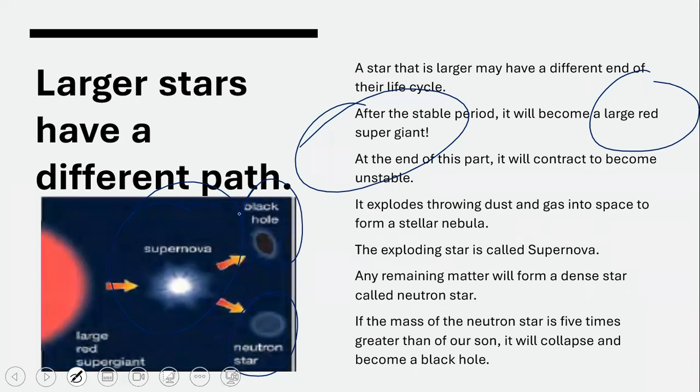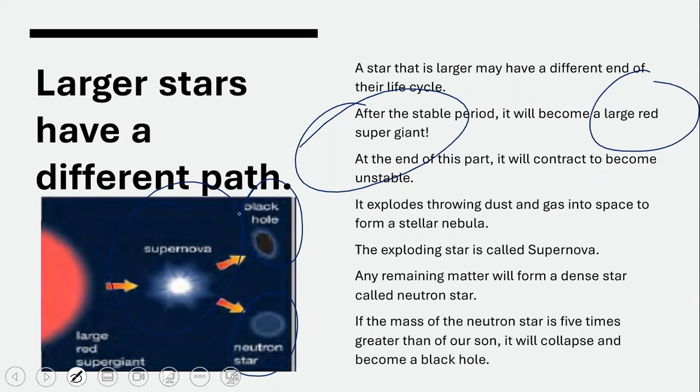So the supergiant is going to explode as a supernova, forming a nebula containing hydrogen and new elements, leaving behind a neutron star or a black hole at its center. So the neutron star or the black hole will be left at the center, and around it you will have a nebula which will contain hydrogen and other elements. Then that nebula can make new stars and new planets.